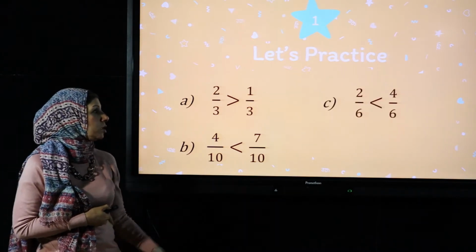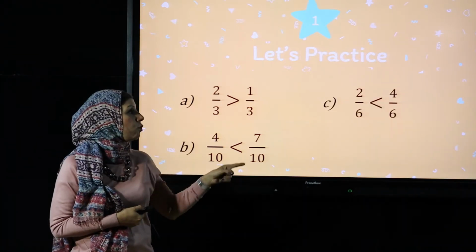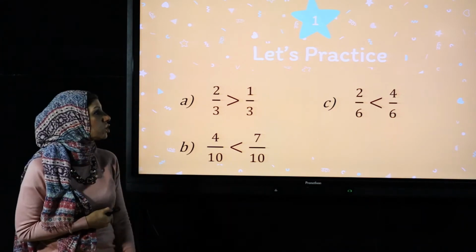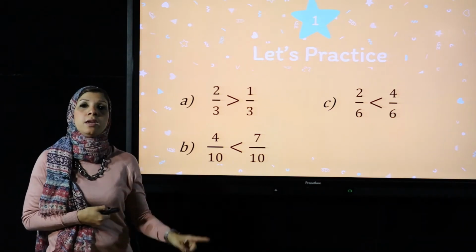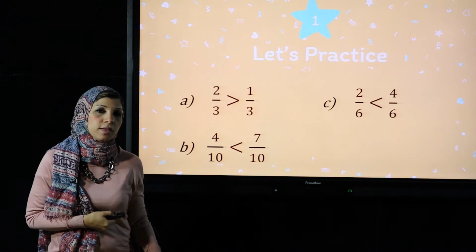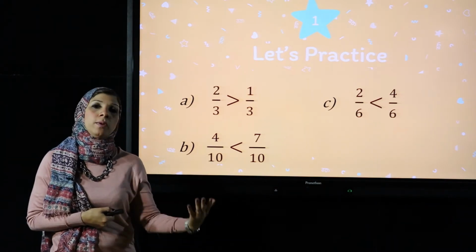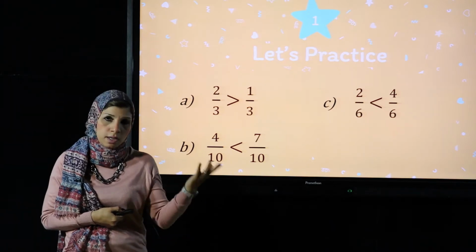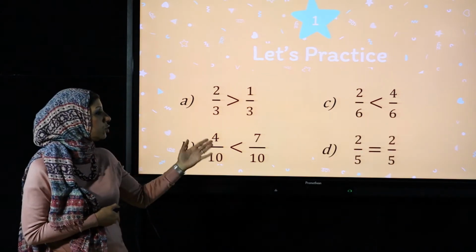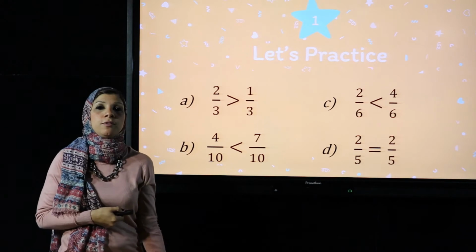The next one, 2/6 and 4/6. Which one will be the big? We have the common denominator, the same denominator, so the big numerator will be the big one in the normal way. 2 over 5 and 2 over 5.